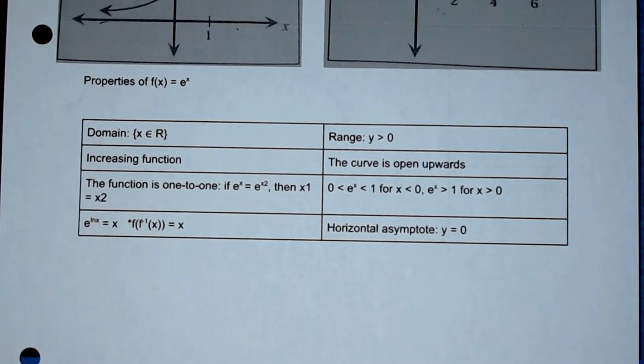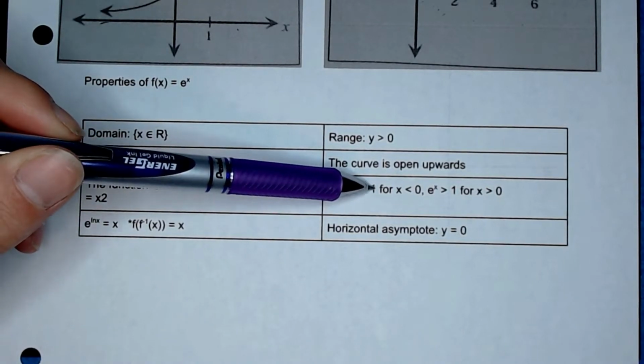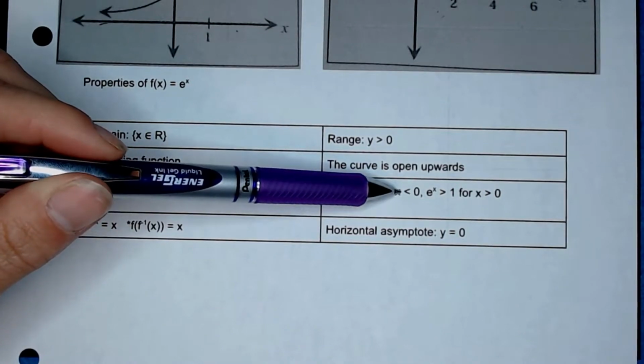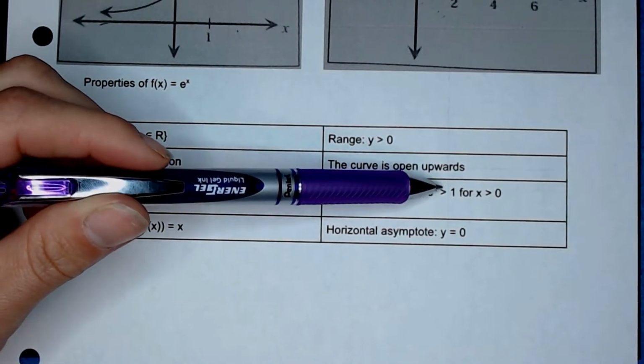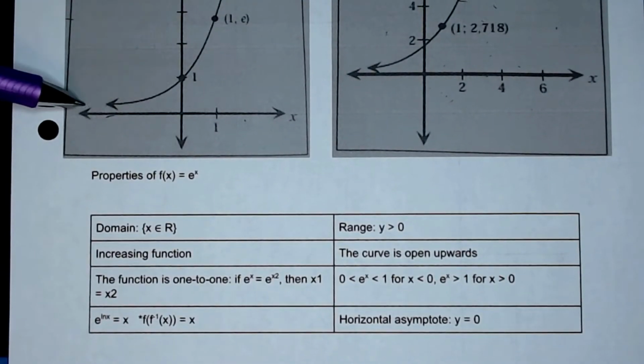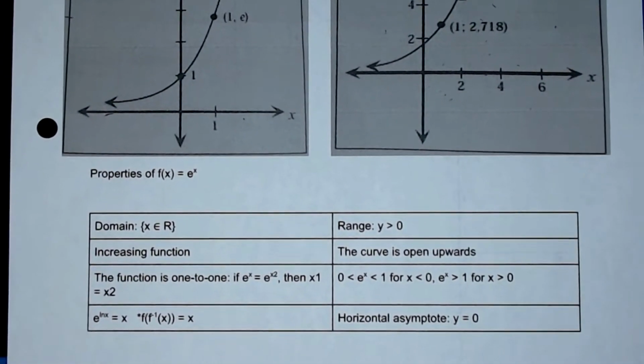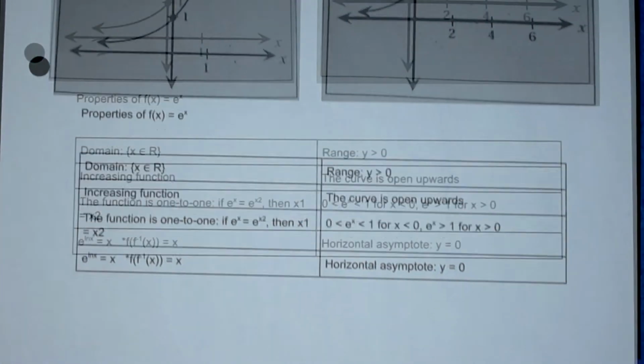And then you can see here that 0 is less than e to the power of x is less than 1 when x is less than 0. And e to the x is greater than 1 when x is greater than 0. So on this side of the y-axis, the numbers will be fractions. And on this side of the y-axis, they will be 1 or greater.